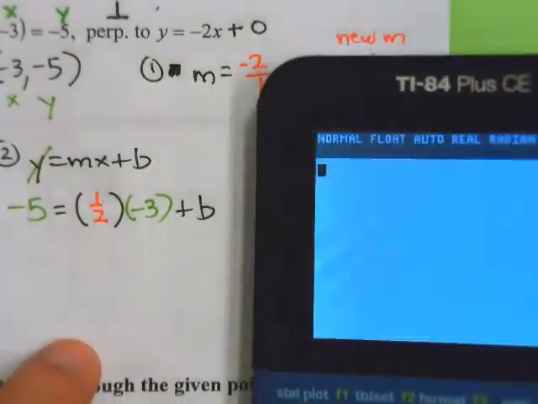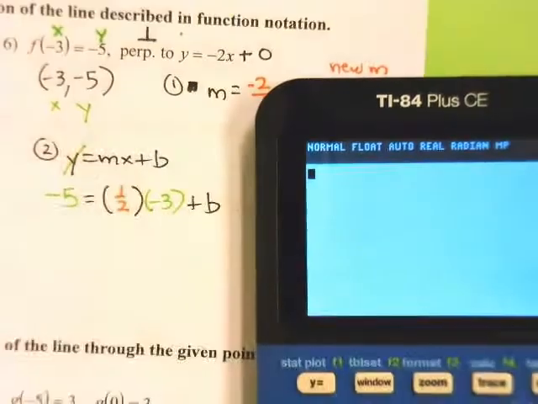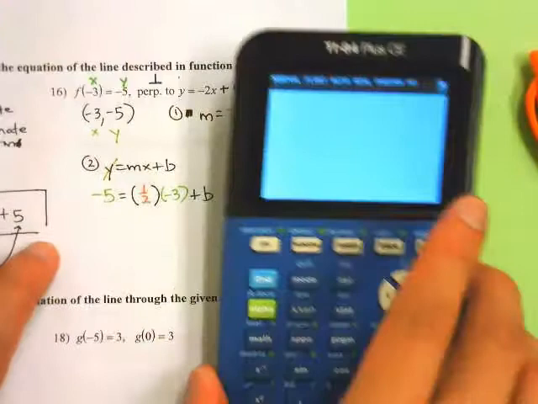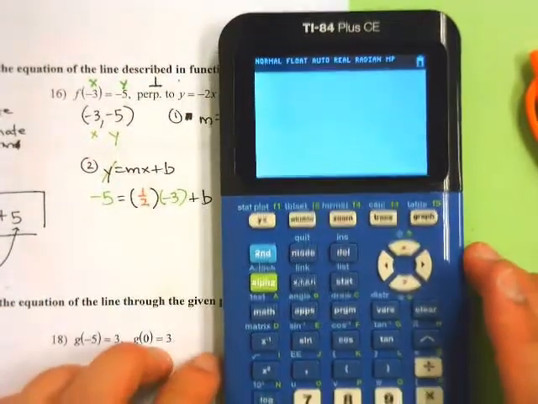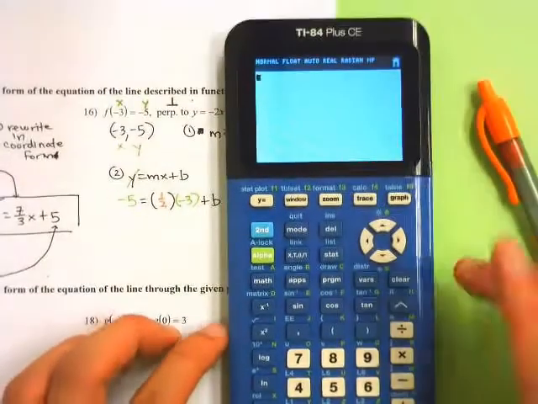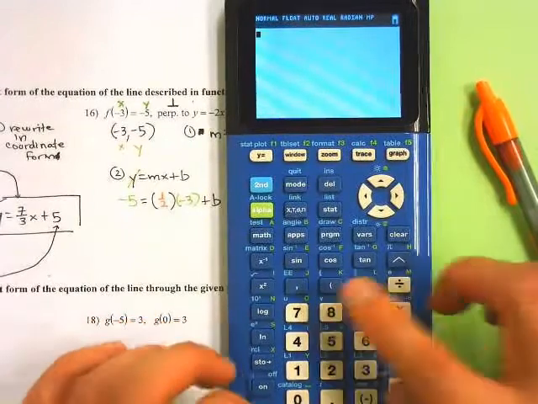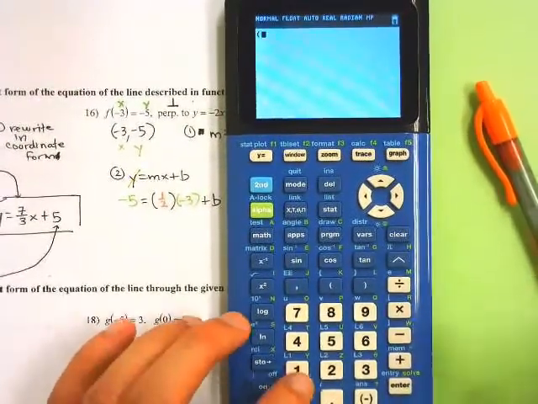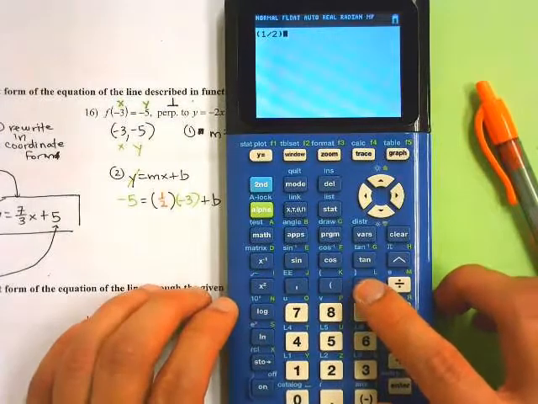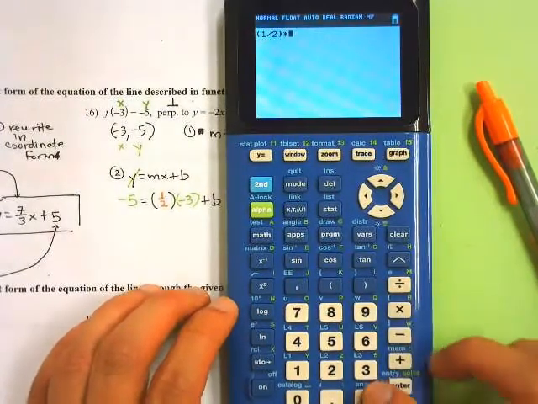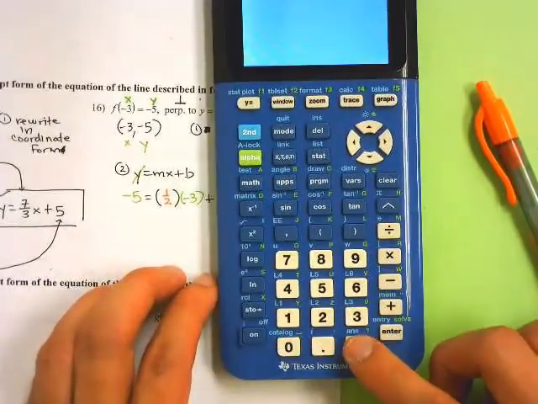I haven't been doing calculator, apologies, so let me just do this one on the calculator for those who are not too good with fractions. Sometimes I'm also not too good with fractions myself, just being honest. So 1 over 2, so parentheses, 1 divided by 2, and then times negative 3.